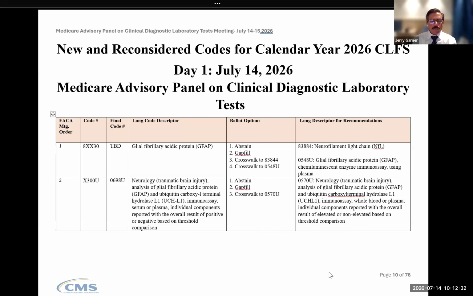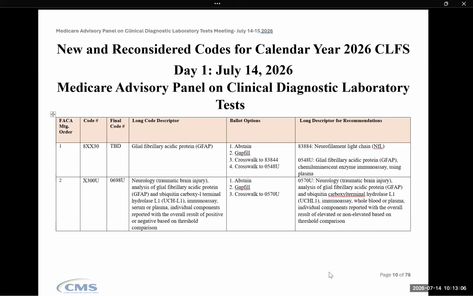Additionally, another association recommended an alternative crosswalk to 83884 neurofilament light chain, suggesting that it uses similar resources and supports the same CLFS rate as 0548U. The SIB committee researched the publicly available information for the suggested crosswalks and agrees that 0548U is the most suitable since both represent the same biomarker with similar descriptors.